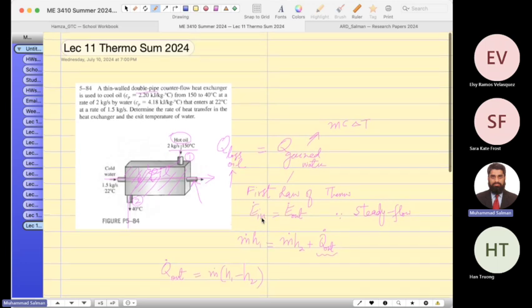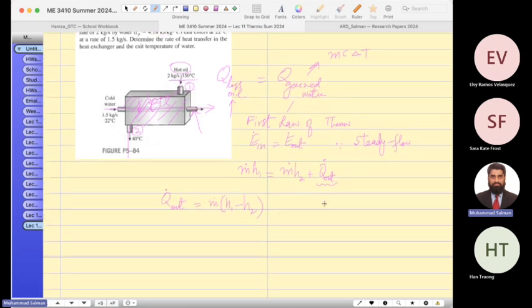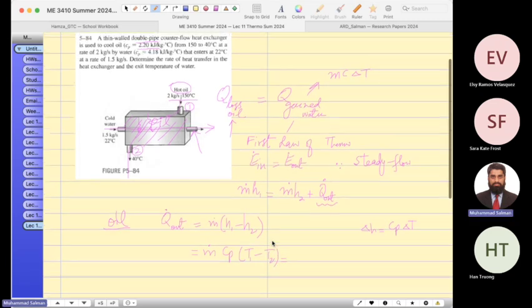Now if you take a look here, the oil has a specific heat capacity. So delta h equals Cp delta T. So I can write here m dot Cp (T1 minus T2), this is for oil. What is m dot in our case?